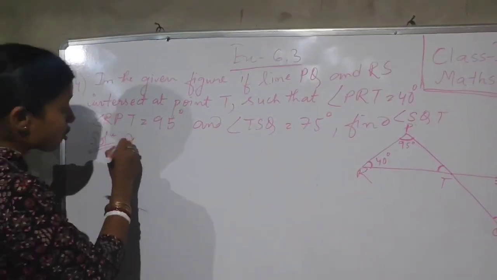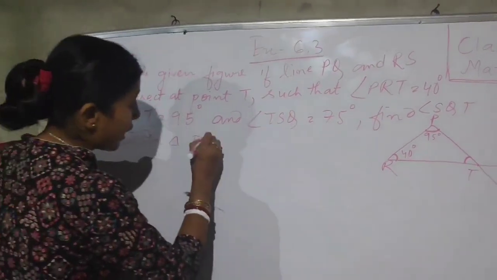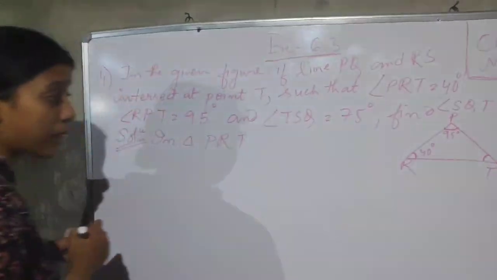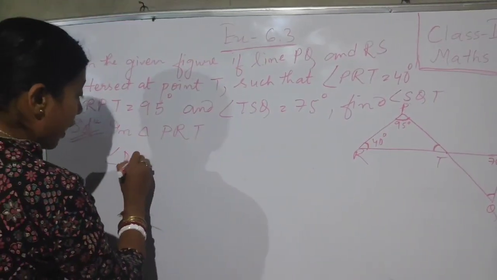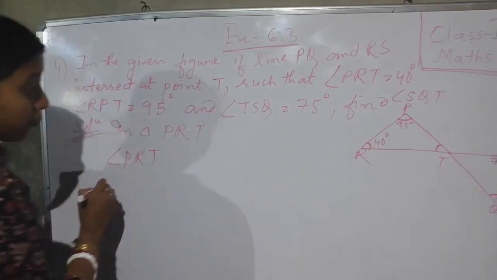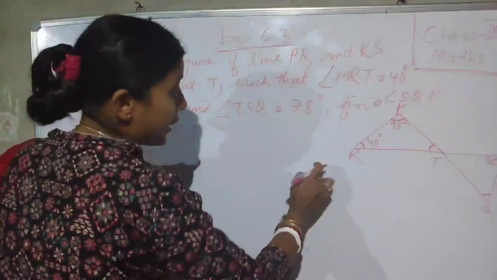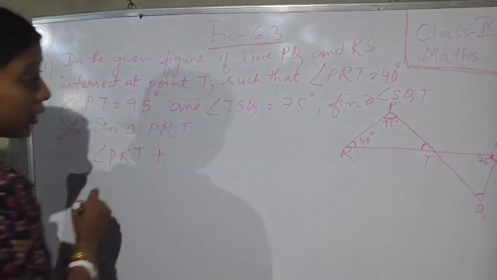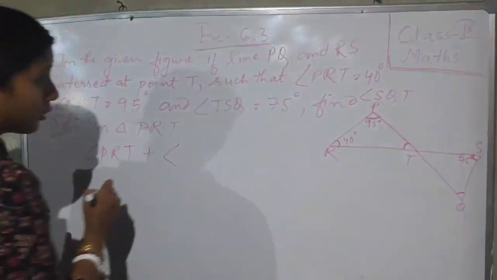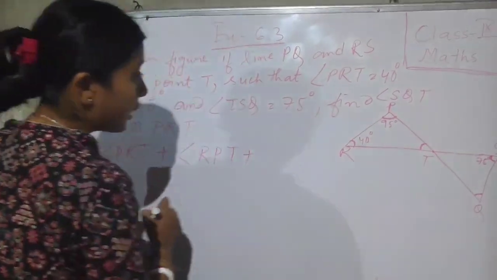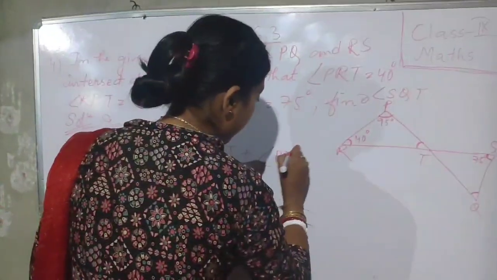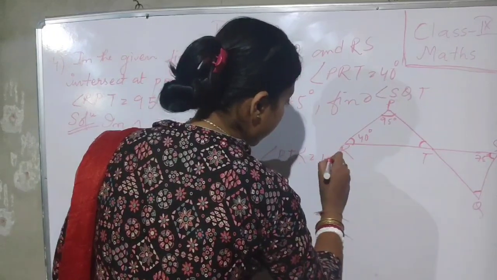So in triangle PRT, what can we write? Angle PRT plus angle RPT plus angle PTR equal to 180 degrees.